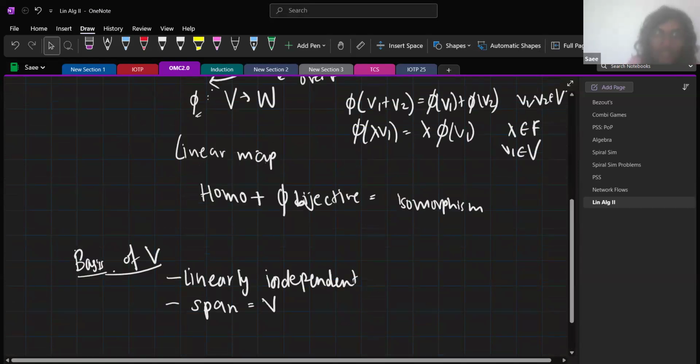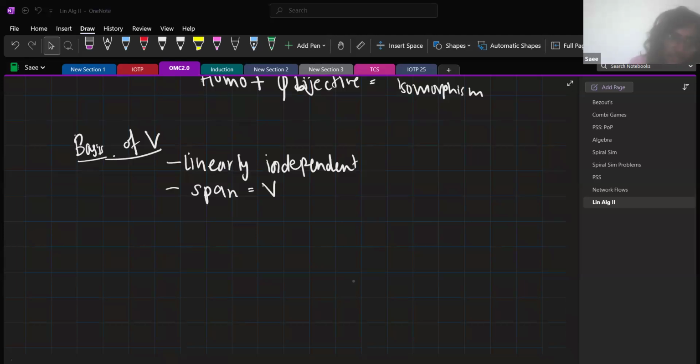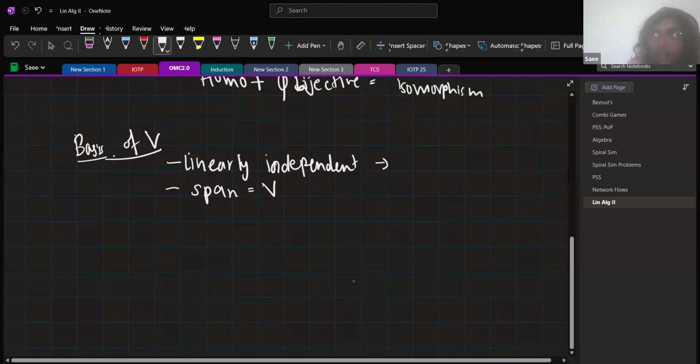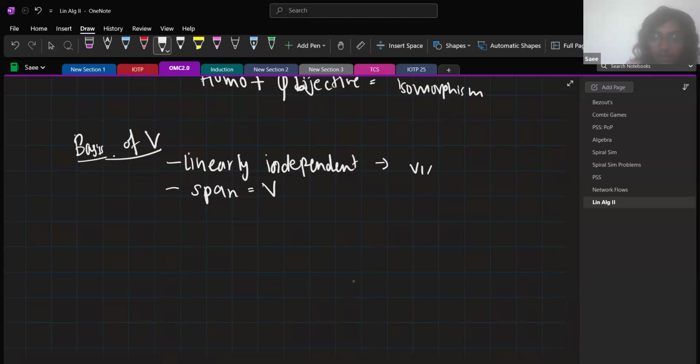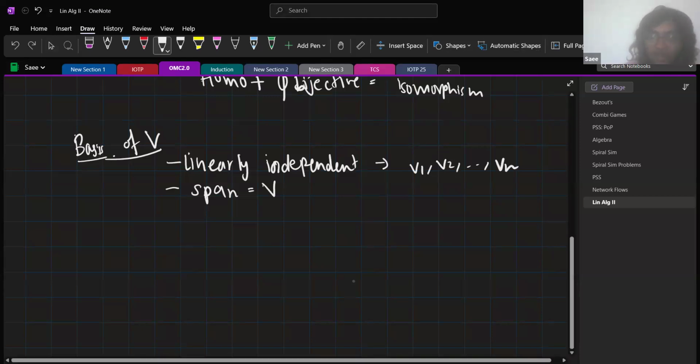Okay, we say that a set of vectors, let's say V1 to Vn, is linearly independent when none of these Vi can be written as a combination of the others.